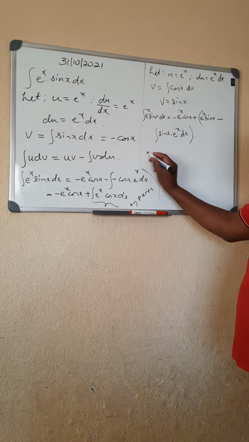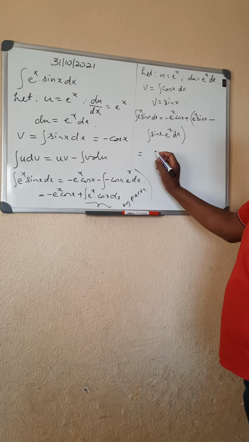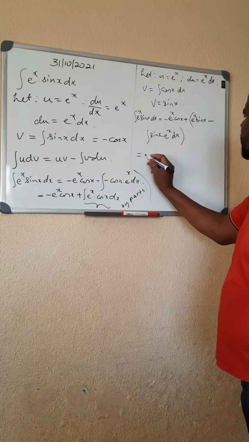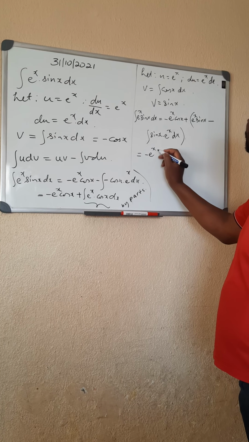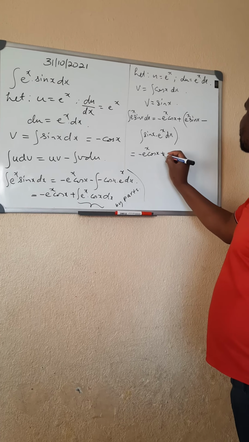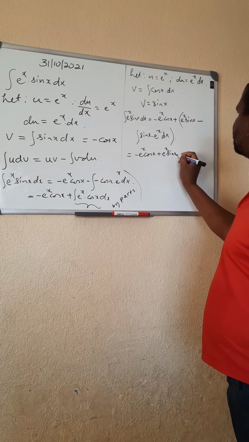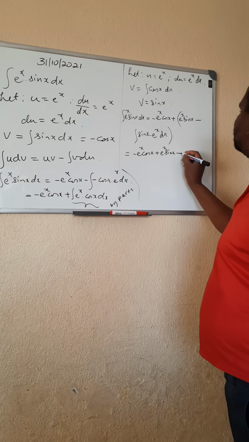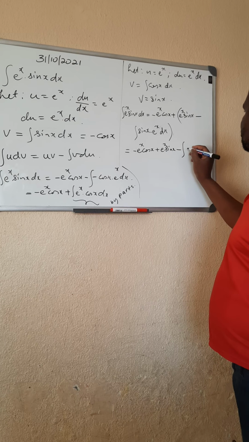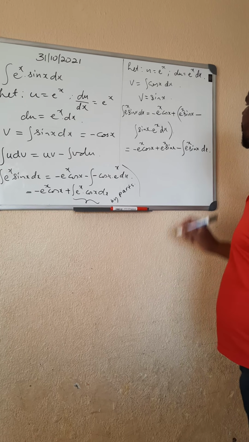Now I want to multiply out the bracket, it equals minus e to the x cos x plus e to the x sine x minus the integral of e to the x sine x dx.